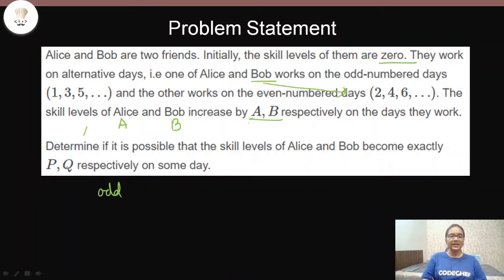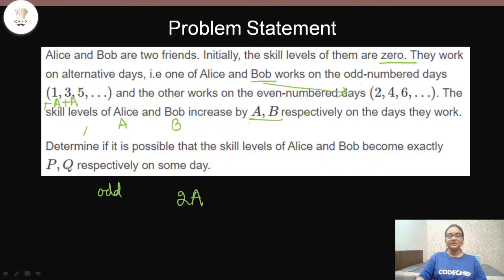Suppose Alice worked on day 1. So on day 1 her skill level will increase by A. Then again Alice worked on day 3, so again her skill level will increase by A. So if Alice worked for 2 days, that is on day 1 and day 3, her skill level will become 2A.